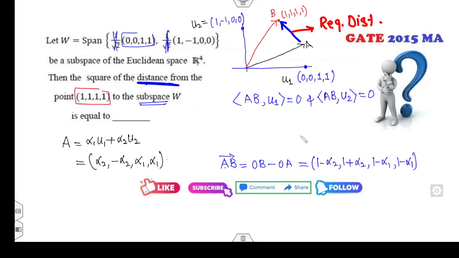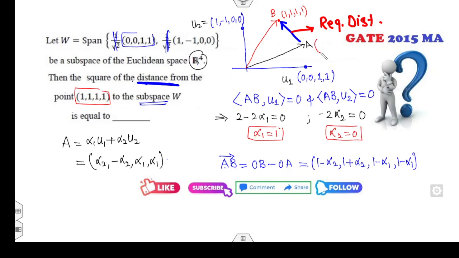Now this is AB, find the dot product with U1, because there are 4 standard inner products. So if you find the dot product, that is 2 minus 2 alpha 1 equal to 0. And the dot product with respect to U2 is minus 2 alpha 2 equal to 0, which implies alpha 2 is 0 and alpha 1 is 1.